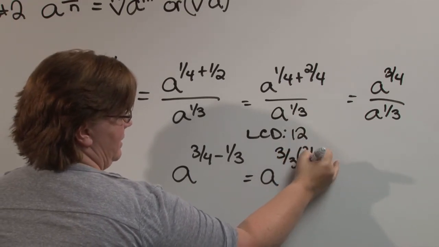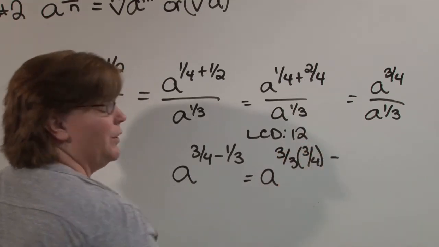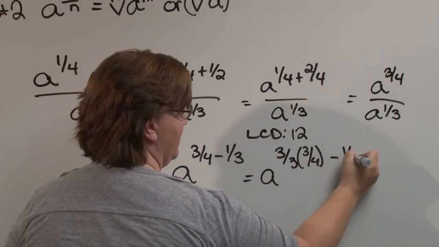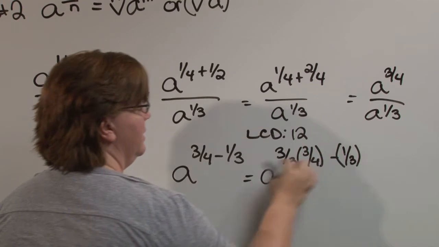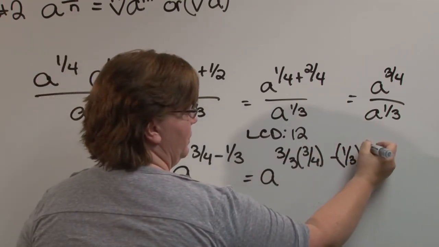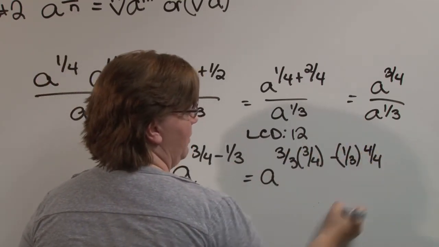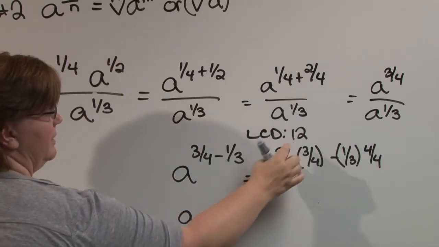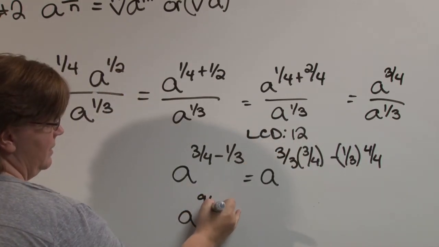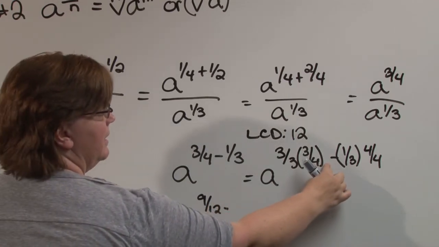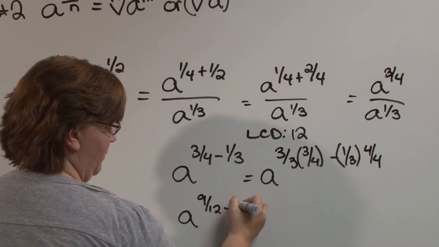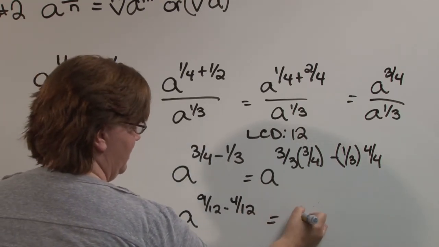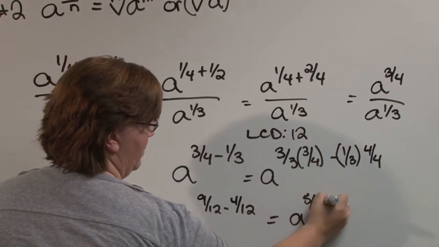I will show you that step. If you know how to do that in your head, go ahead. I like to show the steps because then I don't get lost. This 1/3 will need a 4 multiplied to it, top and bottom, to make that happen. So we'll have a to the 9/12 minus a to the 4/12, and then that just simplifies to a to the 5/12.